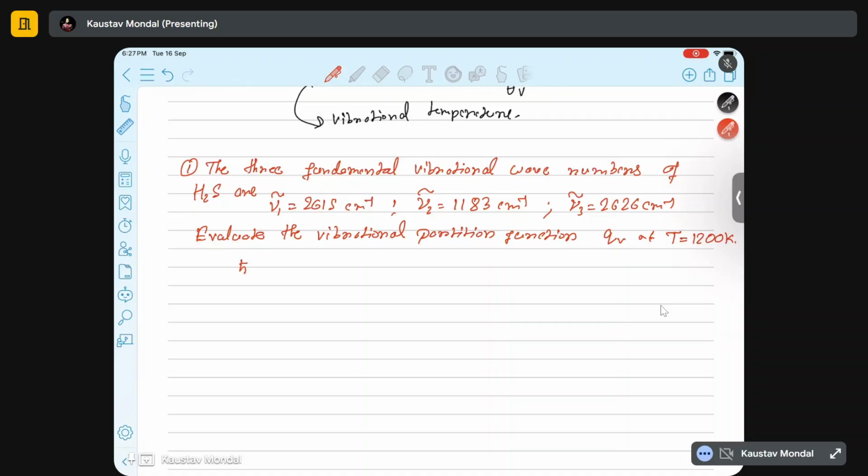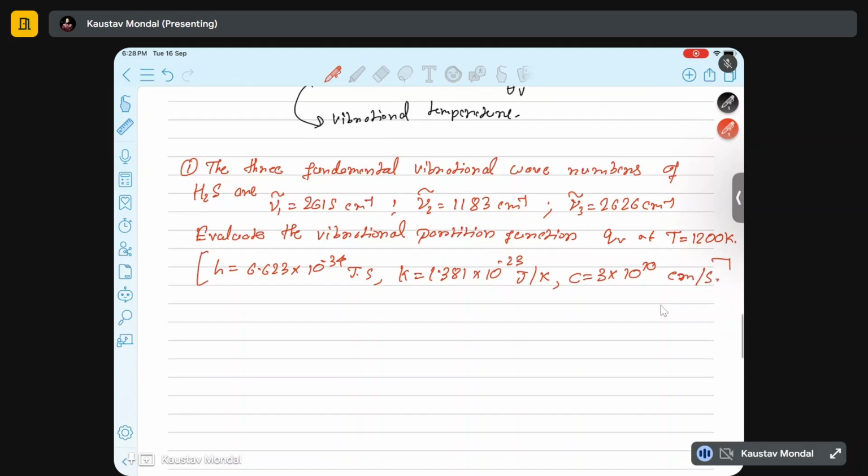The h value, Planck's constant, is given as 6.623 into 10 to the power minus 34 joule second. The k value, the Boltzmann constant, is given as 1.381 into 10 to the power minus 23 joule per Kelvin. C is given as 3 into 10 to the power 10 centimeter per second. These are the supplied constant values.